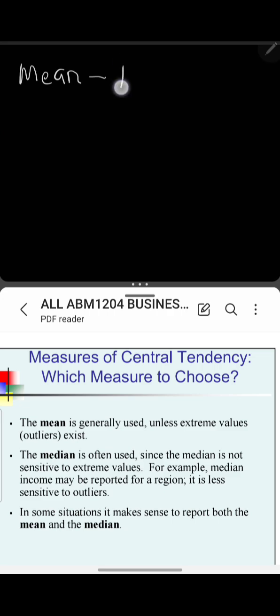We saw that mean was affected by outliers. If you find any information that is the average, they're referring to mean: the mean age, the mean number, the mean income, you get it. So mean is the one which is generally used.